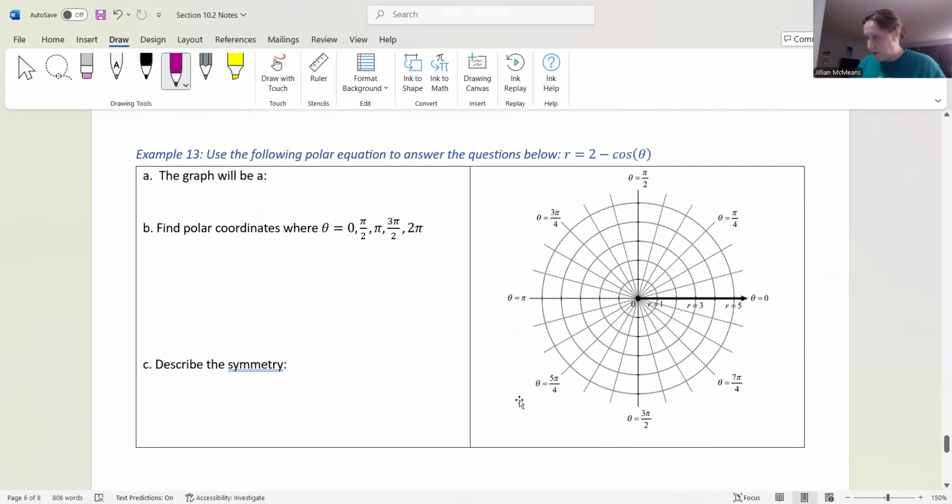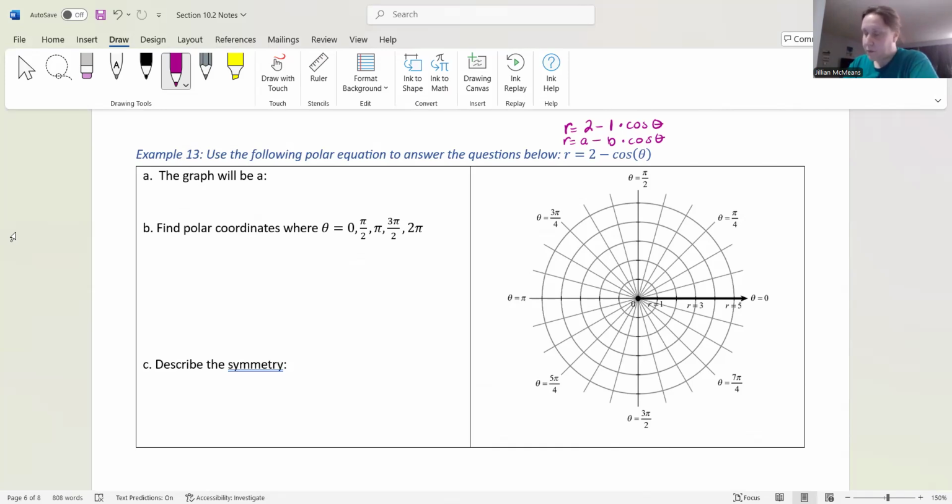In this case, this is looking very similar to r equals 2 minus, let's throw a 1 in there, times cosine of theta. So we have one value plus or minus the other value times cosine of theta. So this is looking like r equals a minus b times cosine of theta. And if you remember, that's a limacon.